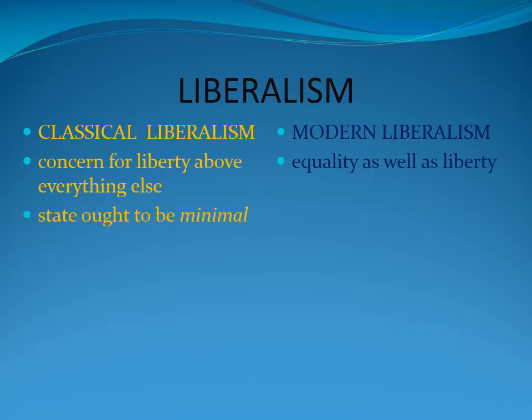Secondly, the state for classical liberals must be minimal. The activity of the state should not interfere in the sphere of individual autonomy. Whereas for modern liberals, the state emphasizes its role as a welfare state for the protection of disabled and minority citizens from the majority.